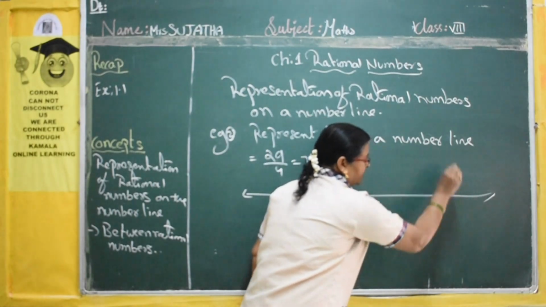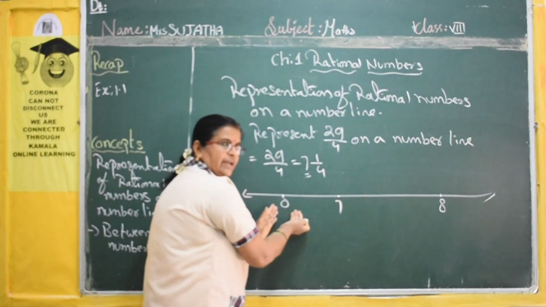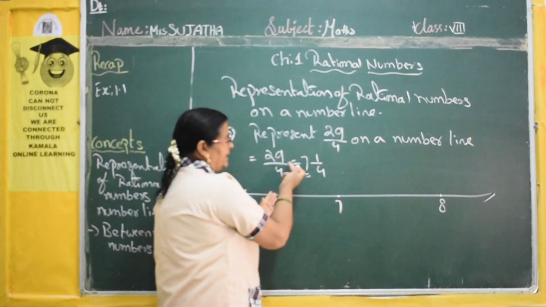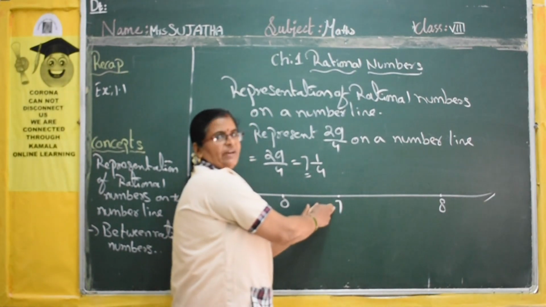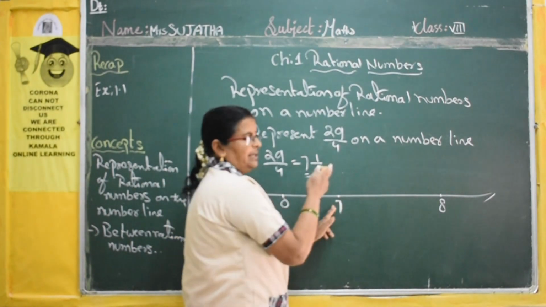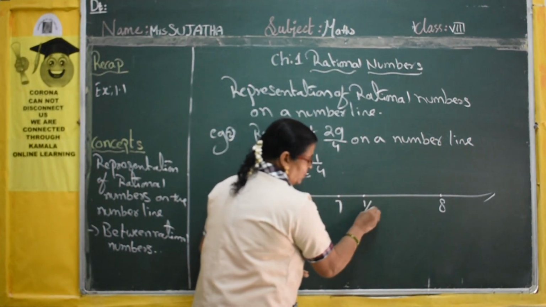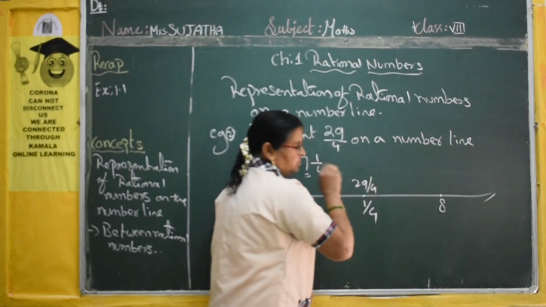So here I am writing 8. Understood? Before 7, all the fractions are there up to 28 by 4. Now the next one, 29 by 4, you have to write. That is 1 by 4 after 7, and this is 29 by 4.